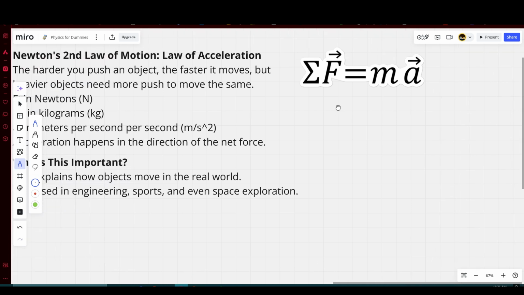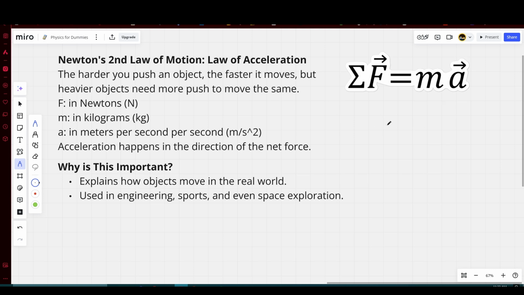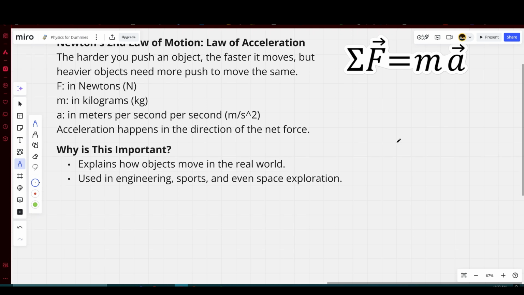So let's talk about it. Force is measured in newtons, named after Isaac Newton himself. Mass has to be in kilograms, and acceleration has to be in meters per second squared. Now, what that means is basically, you know how cars, on their gauge, say kilometers per hour, let's say, or miles per hour.